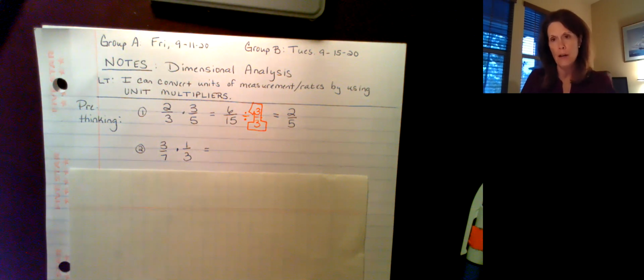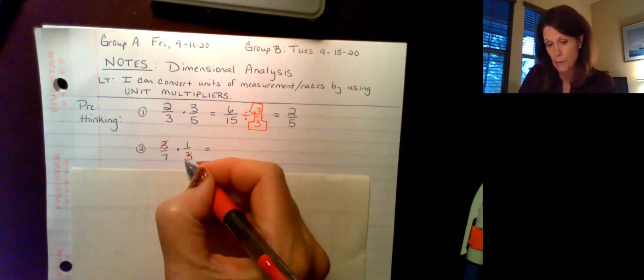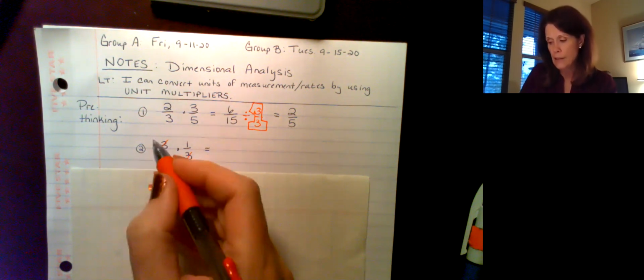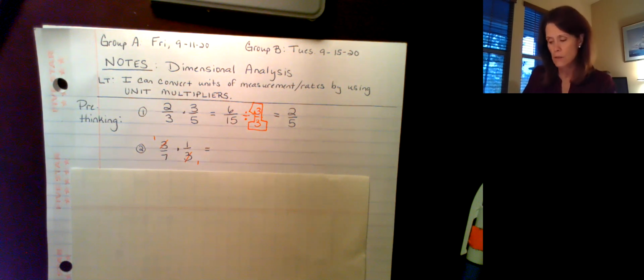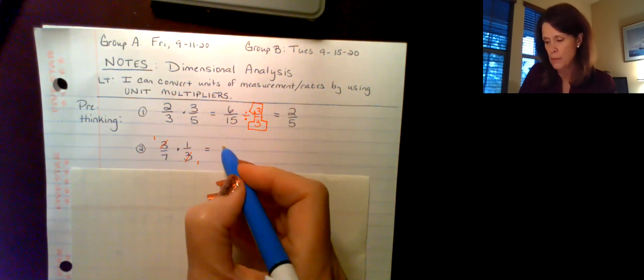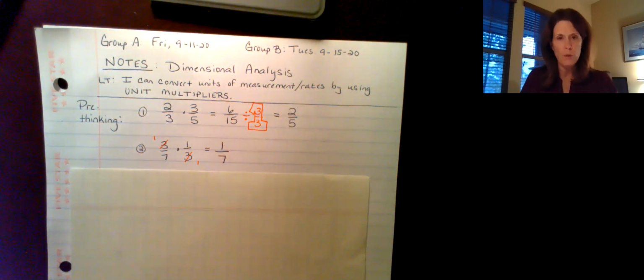And because order doesn't matter in multiplication, I can cross-reduce as well. So technically, this can be divided by 3 here and here, resulting in 1, and 1 times 1 is 1, and 7 times 1 is 7. So 3 over 21 would reduce to 1 over 7, but we reduce it before we multiply versus when we're done.